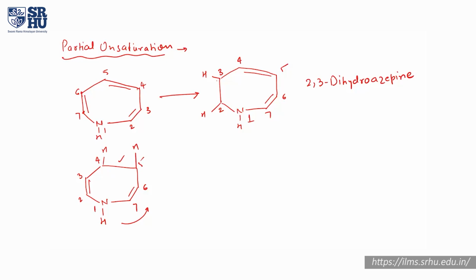Now we will say that this compound is 4,5-dihydroazepine. So this is the way we say that the double bond is removed. Okay, now let me give you one more example.